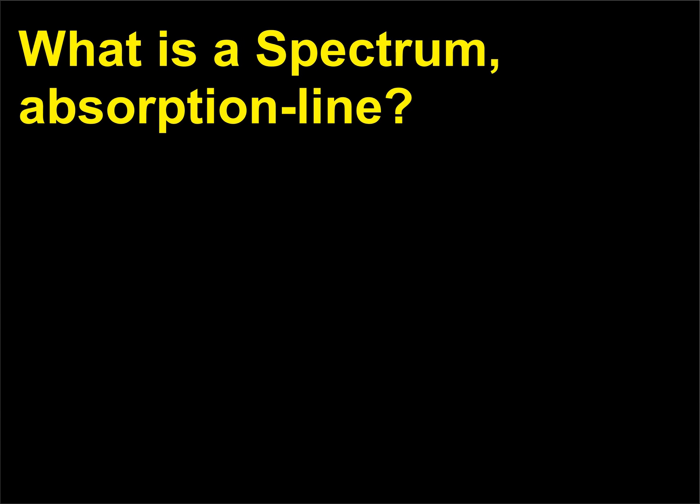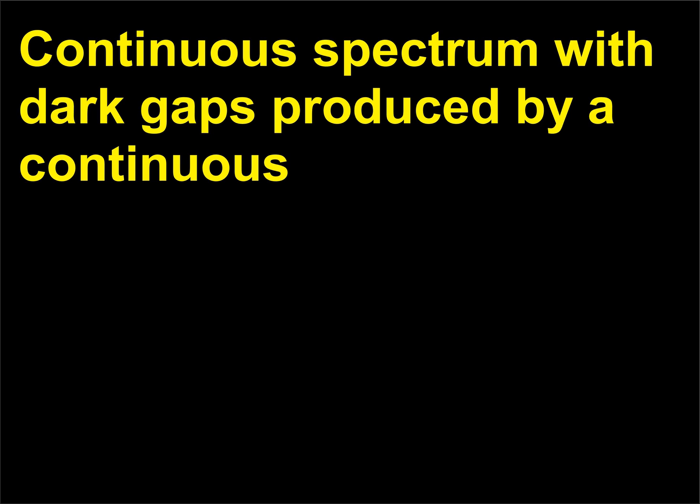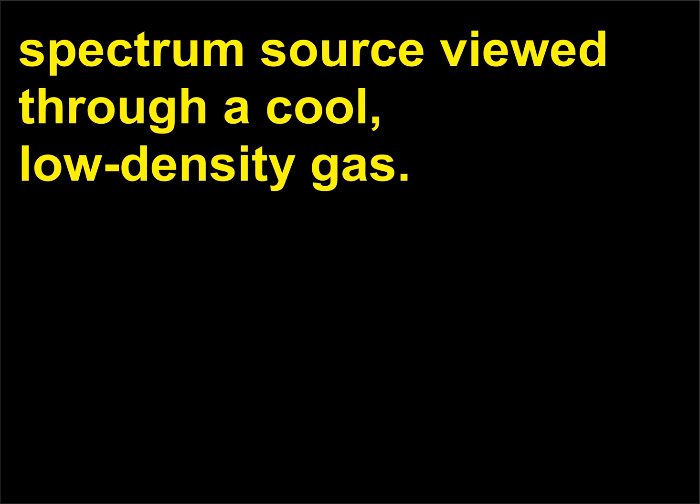What is a spectrum, absorption line? Continuous spectrum with dark gaps produced by a continuous spectrum source viewed through a cool, low-density gas.